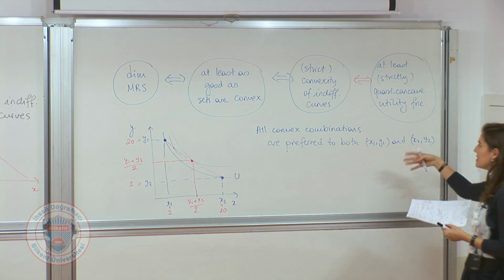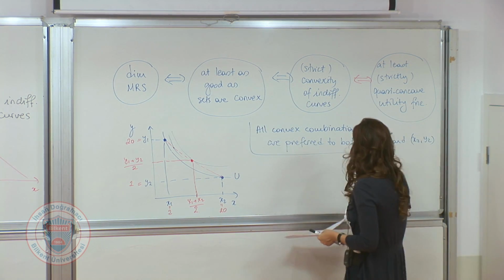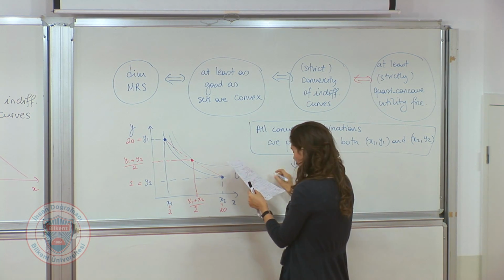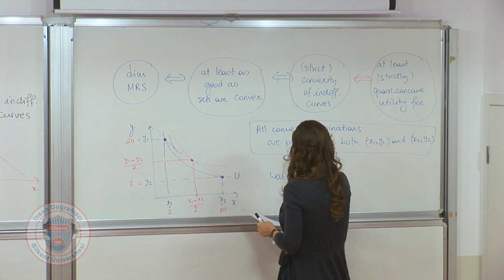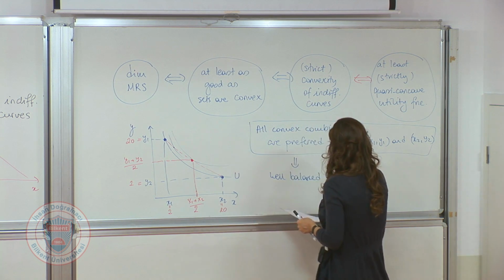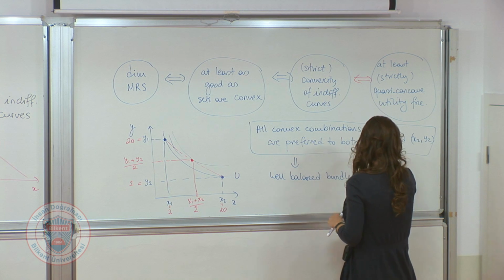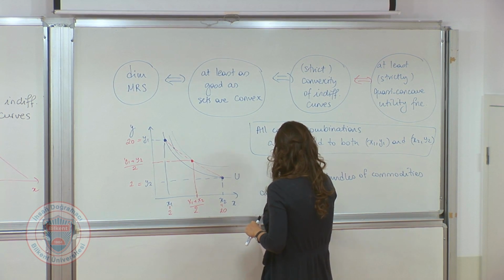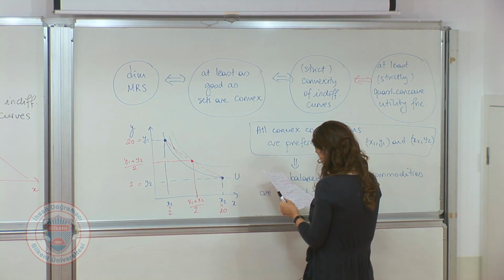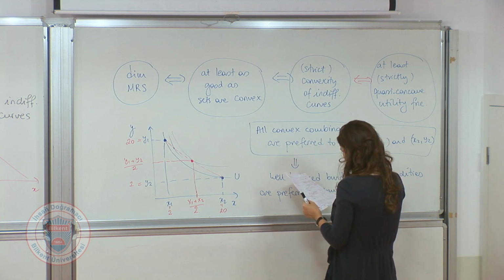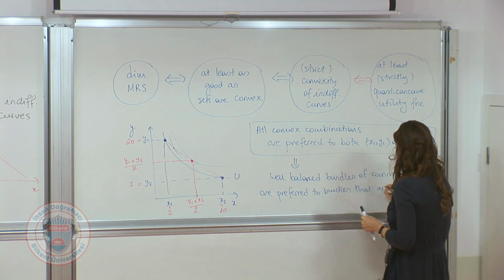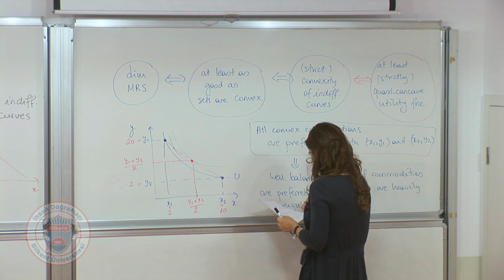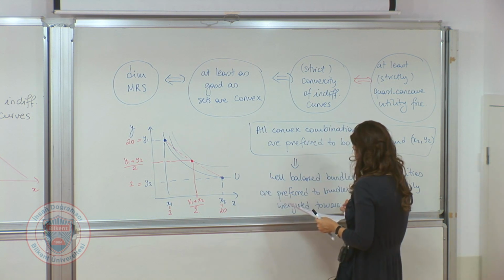And what does that mean? Again, this is a little bit too math for your grandma. So you can actually say that this means well-balanced bundles of commodities are preferred to bundles that are heavily weighted towards one commodity.